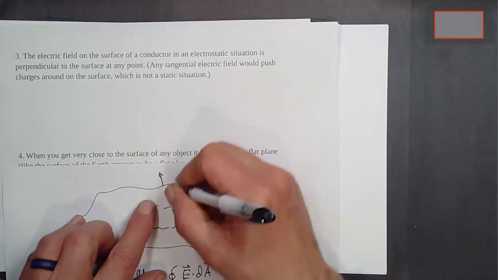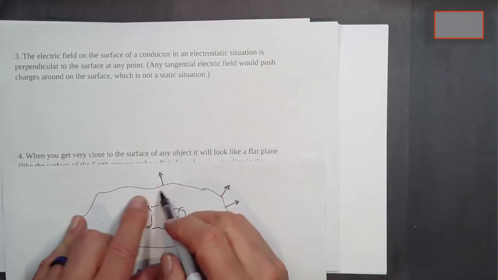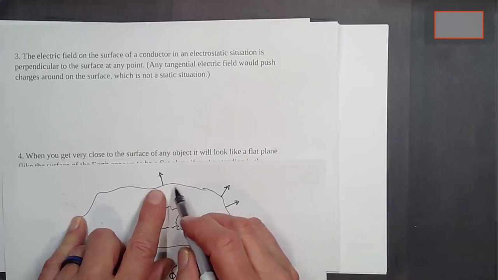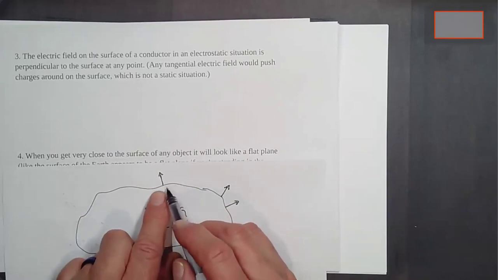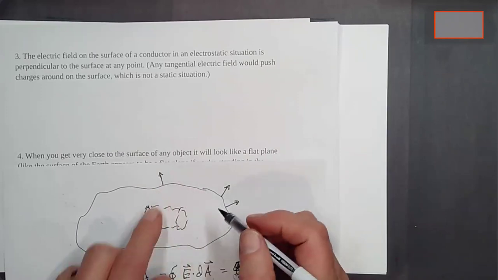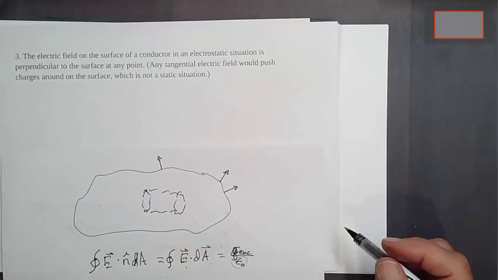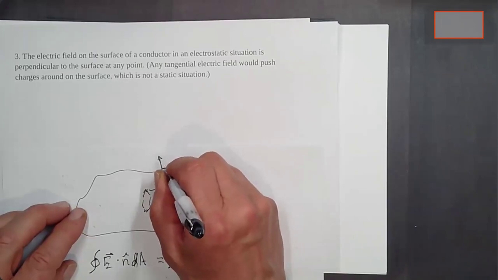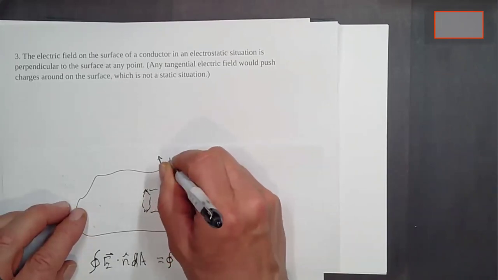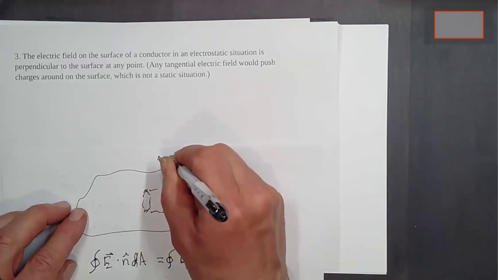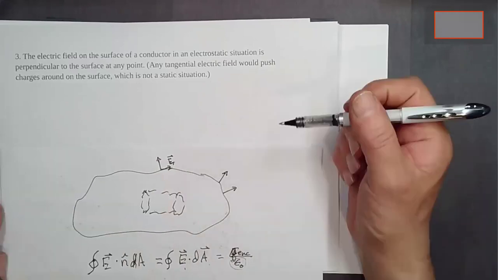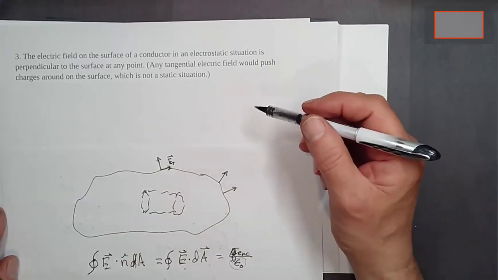But at any point, you could draw a tangent plane that just touches the surface there, and the electric field will be perpendicular to that tangent plane. And if you had a tangential electric field anywhere, E sub t, that would be pushing charges around on this surface, and that means you're not going to have a static situation.